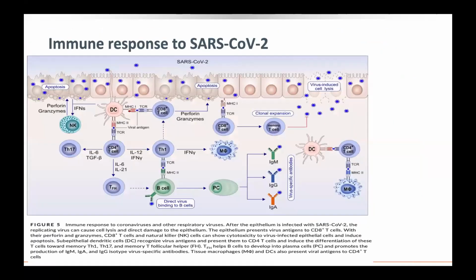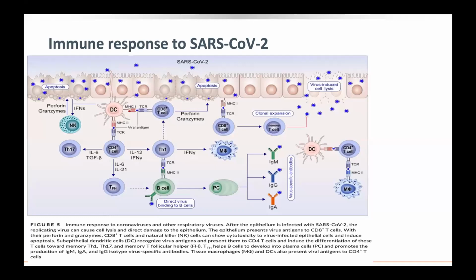But the hallmark of the disease is around the immune response to SARS-CoV-2. We know that what leads to most of the pathology is the hyper-inflammatory state, which is characterized by a lot of cytokines. Especially in this talk, what we need to look at is once you have the dendritic cells activated, they present the antigens, and in this case, it's the SARS-CoV-2.